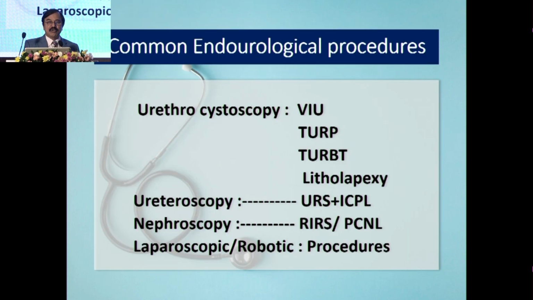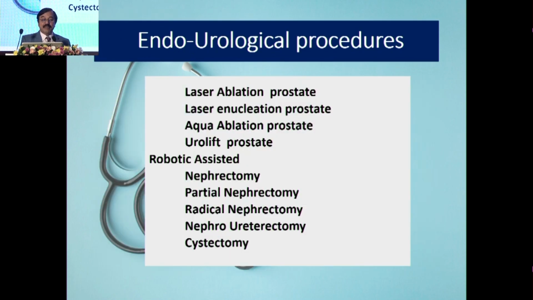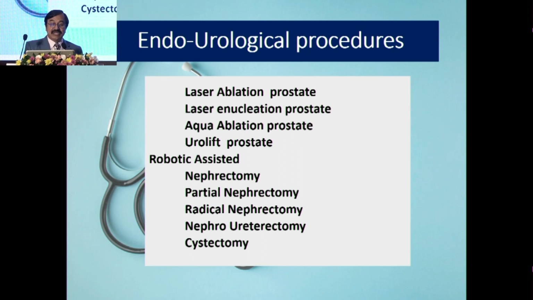Common endourological procedures, we know, are cystoscopy, VIU, TURP, TURBT, litholapaxy, URS, ICPL, RIRS, PCNL, and robotic and laparoscopic procedures, laser ablation of the prostate, laser enucleation of the prostate, aqua ablation of the prostate, robotic assisted nephrectomy, partial nephrectomy, radical nephrectomy, nephroureterectomy, and cystectomy, and so on.